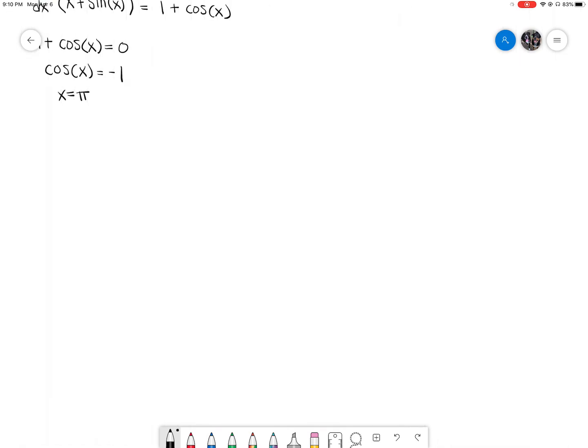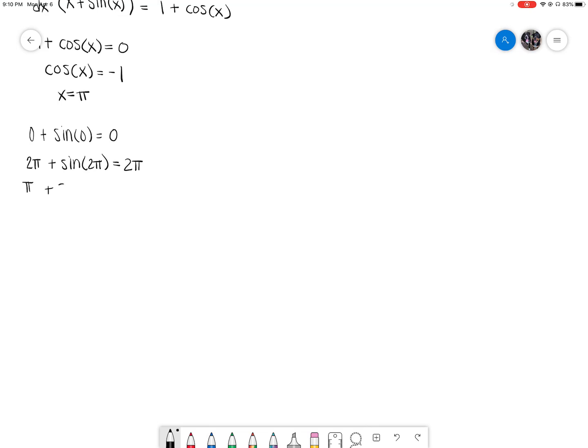We have found a critical point. Now we're going to evaluate the function at the endpoints and the critical points. Evaluating at 0, we get 0 plus sine of 0, which is 0. At 2 pi, we get 2 pi plus sine of 2 pi, which is 2 pi.